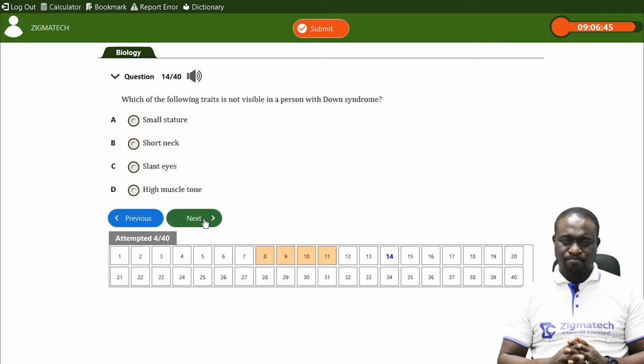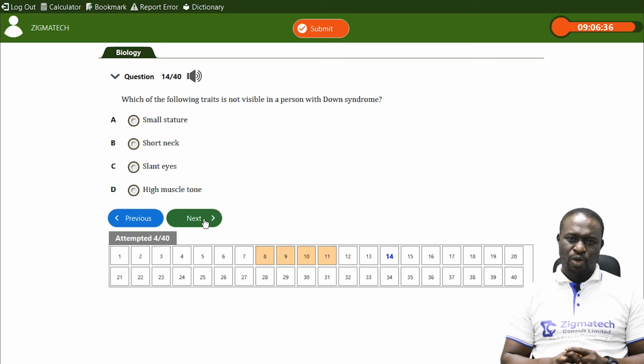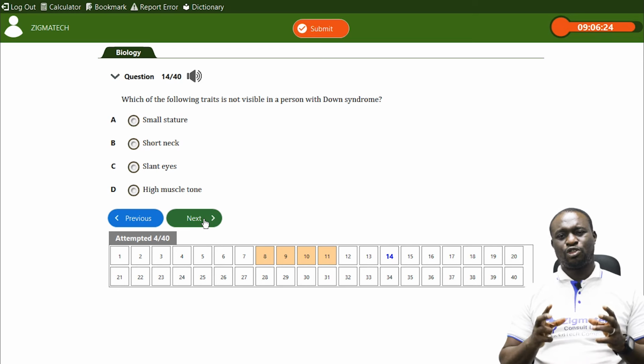Question 14. Which of the following traits is not visible in a person with Down syndrome? Now, Down syndrome is a kind of disease that affects people, that makes them of small stature.